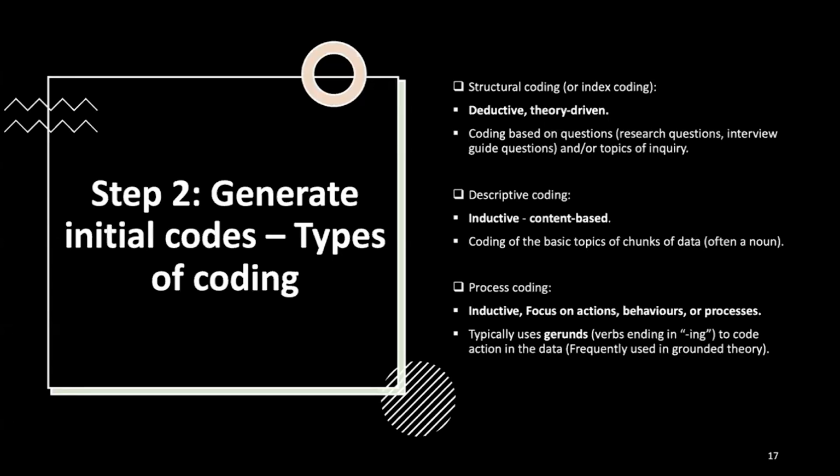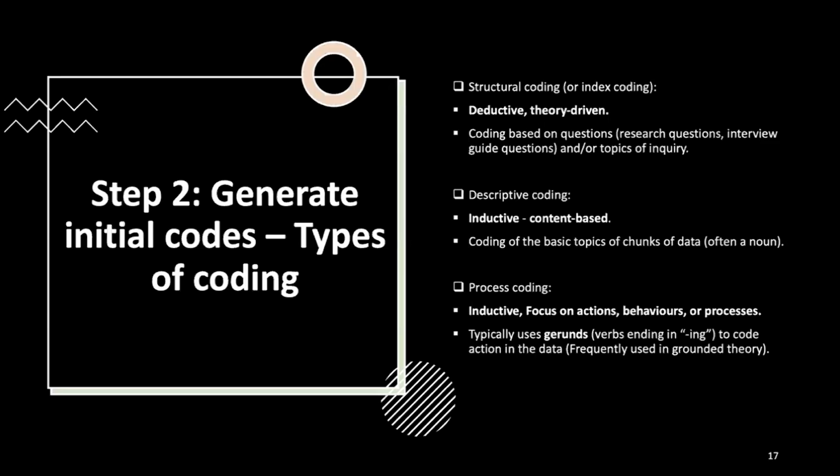After that, you have started to code your data and create your labels. There are various types of coding processes that you need to understand. This will help you write down how you performed your analysis, which is quite important when you're reporting your findings: exactly what steps you took in analyzing your data.